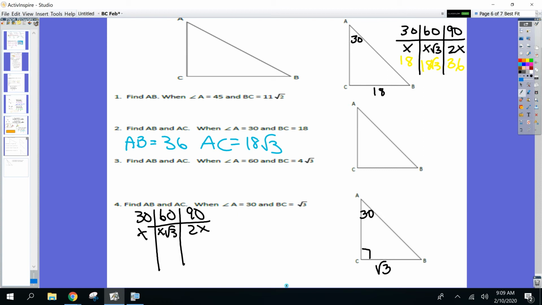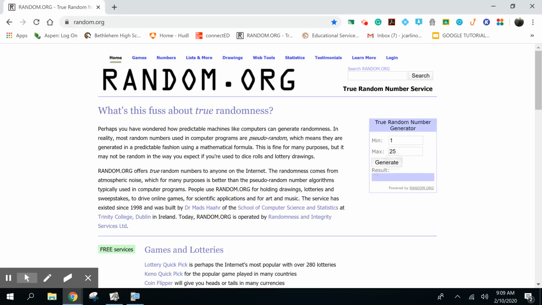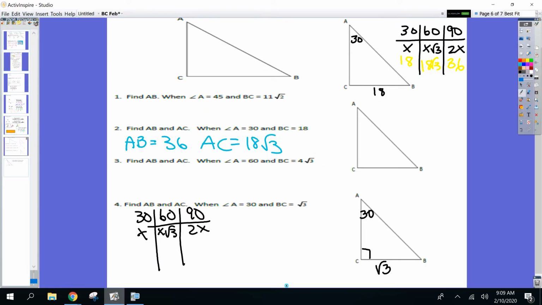Where should I put the radical 3 in my diagram? What angle is it across from? The radical 3 is across from what angle in the diagram? Yep, so that's what I'm going to put in my chart.